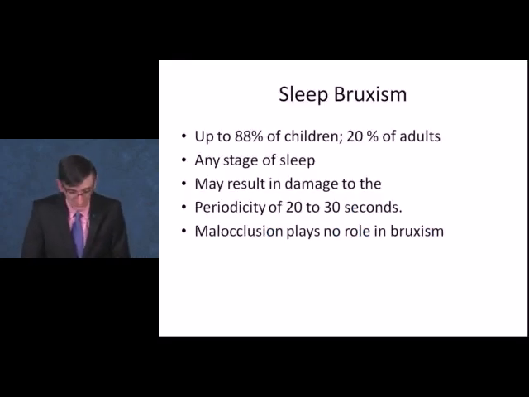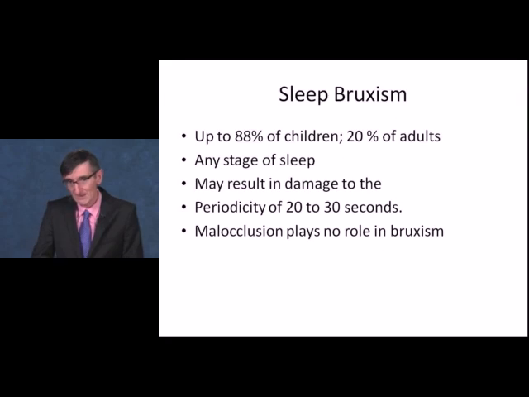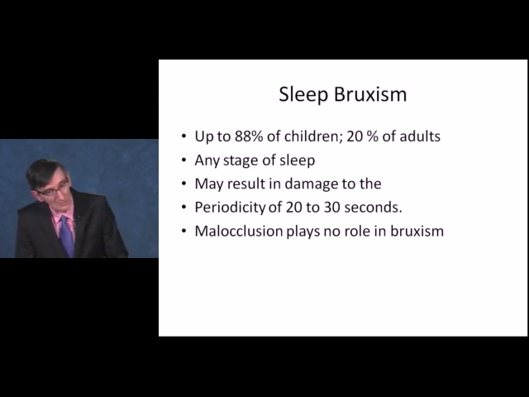Now, bruxism, we hear more and more about it. It occurs in up to 88% of children to some degree, and it occurs in 20% of adults. It can occur in any stage of sleep, which is unique among these parasomnias. May result in damage to the teeth. They grind their teeth every 20-30 seconds, and malocclusion plays no role in bruxism.